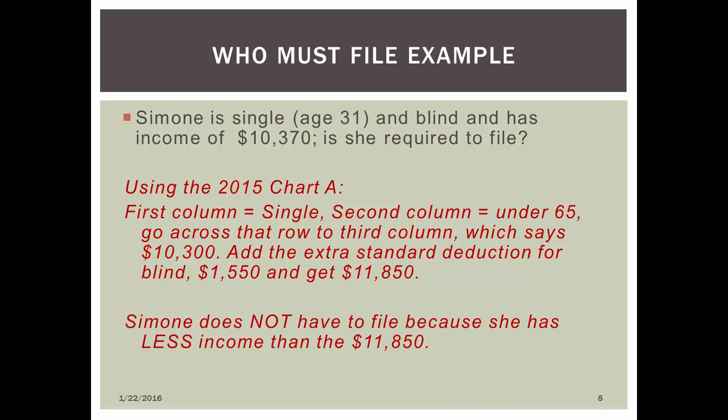However, we also need to add the extra standard deduction for blind, which is $1,550, and then we get $11,850. She made less than that, so she is not required to file. For blind, if you want to use the under and over 65, we could have used the row that said she was over 65 in place of her being blind.